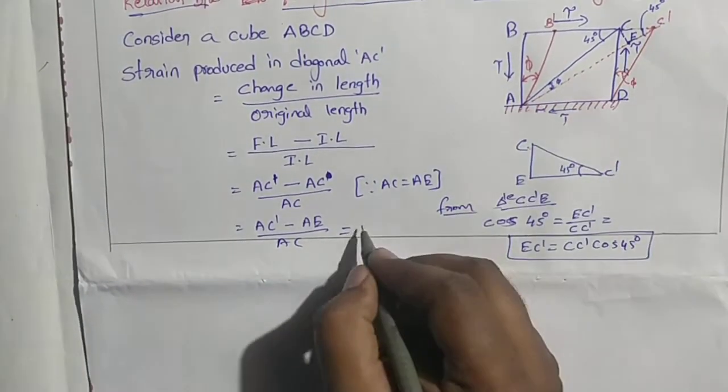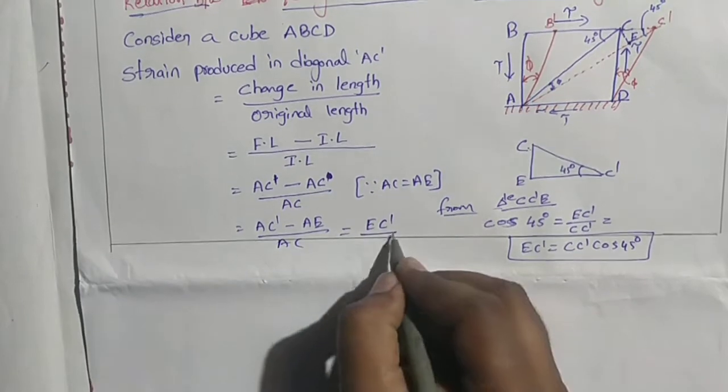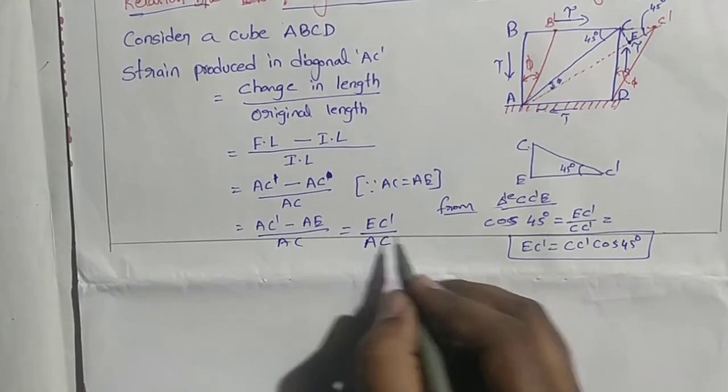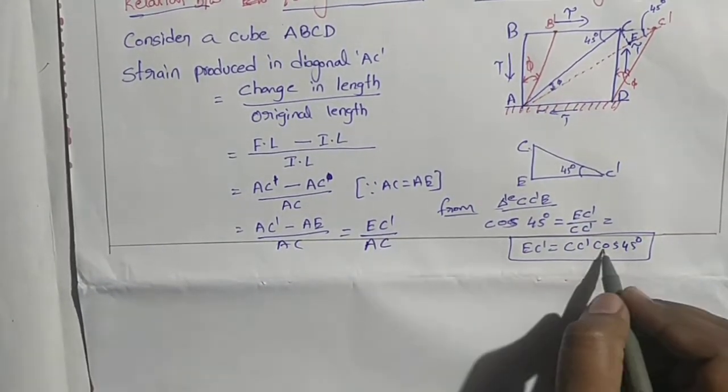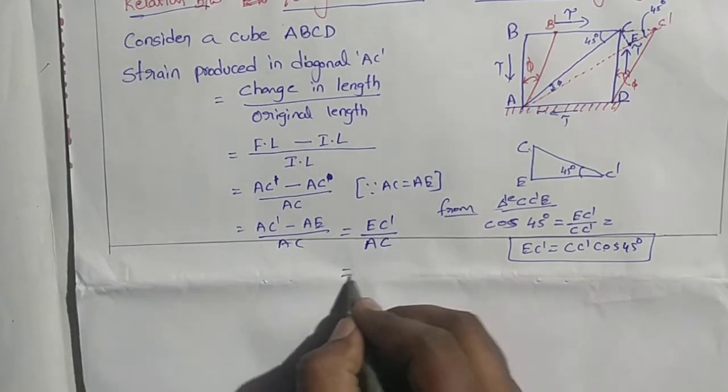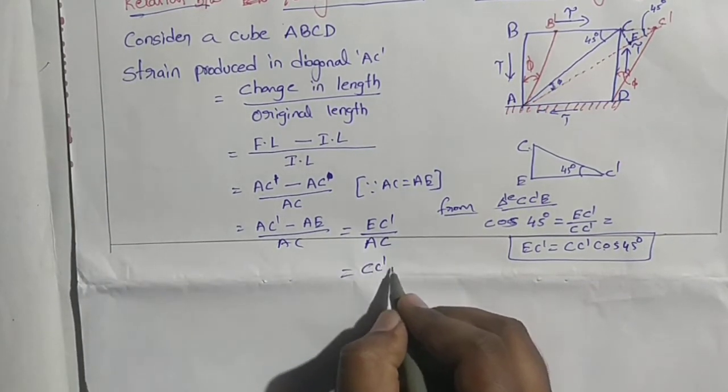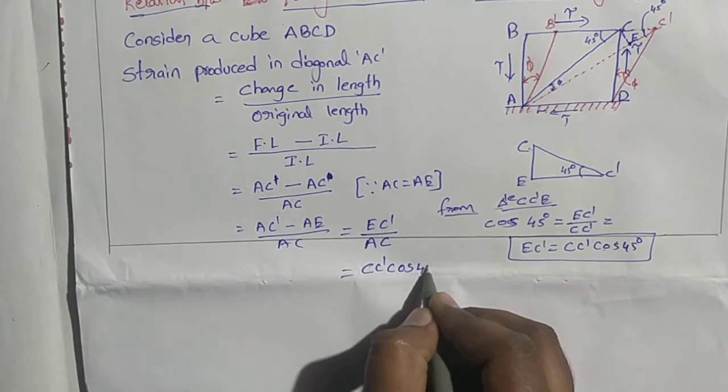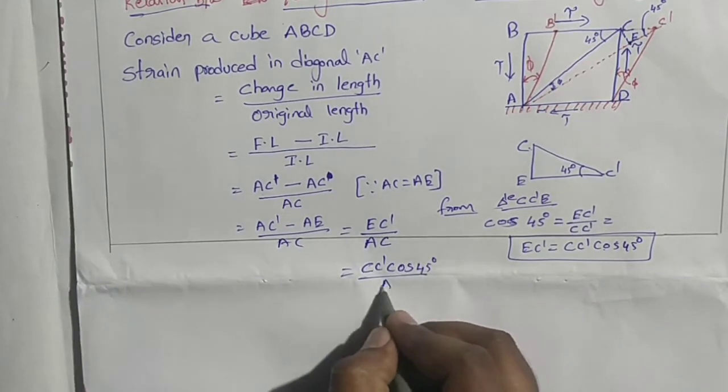The remaining part is EC dash by AC. So it can be written as CC dash cos 45 degrees by AC.